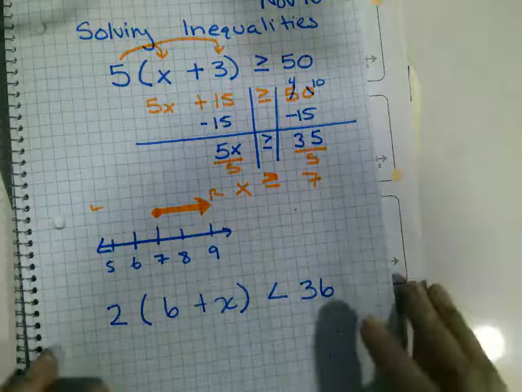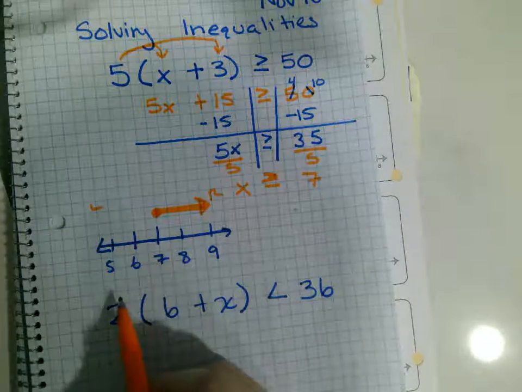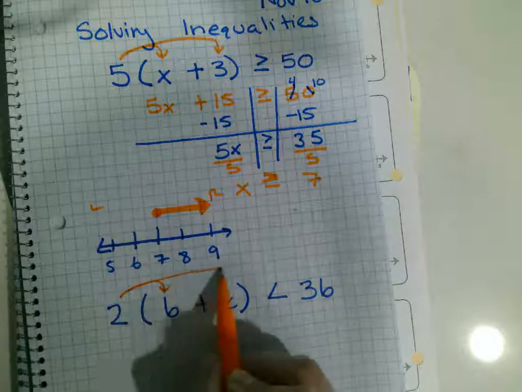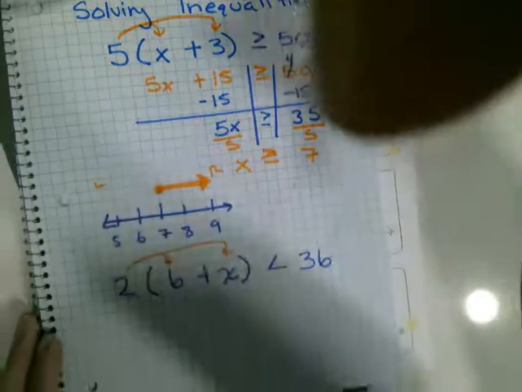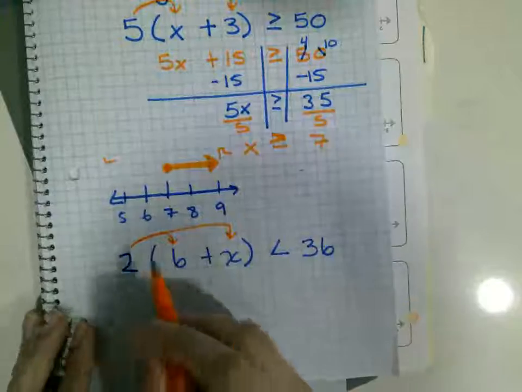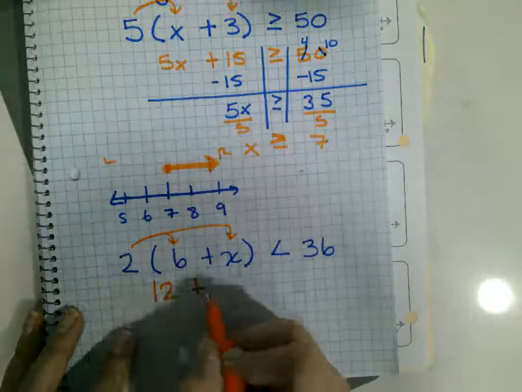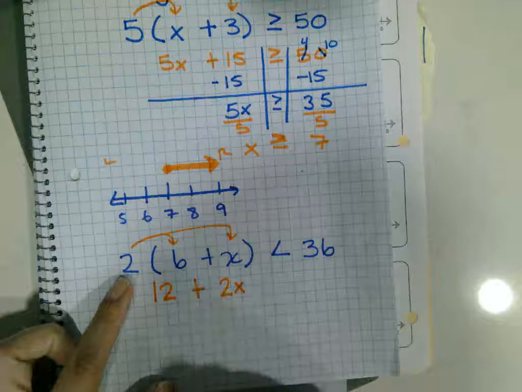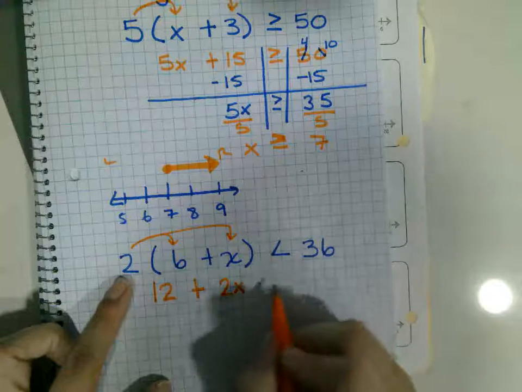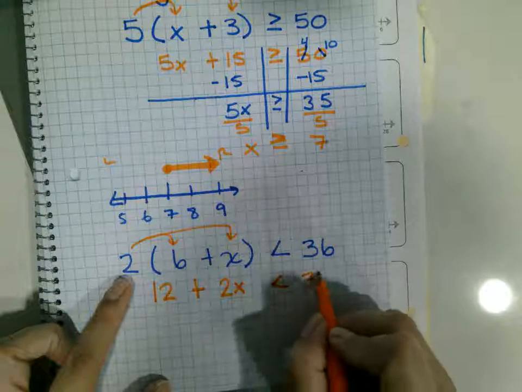Okay. Sorry about that. We're going to apply the distributive property first. Okay. So 2 times 6 is 12, plus 2 times x is 2x. And then we're going to bring this inequality down, less than 36.